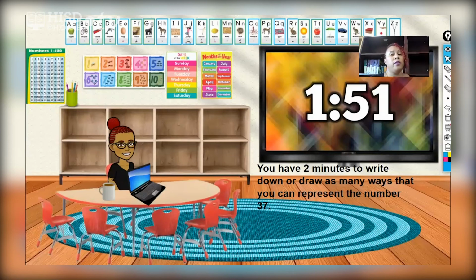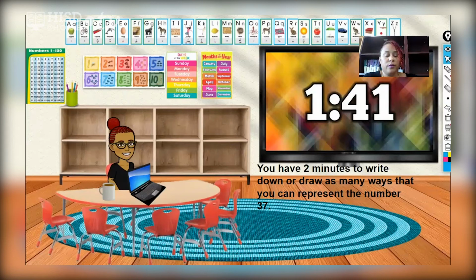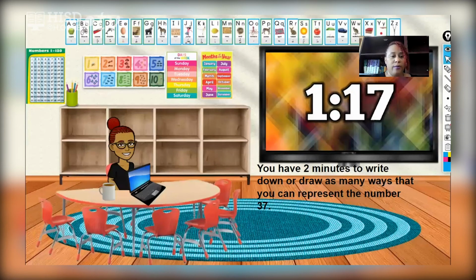Draw on your paper the number of tens and ones that it would take to make 37. Remember, try to come up with more than one way. You can do it, great mathematicians. How can you model the number 37 using tens and ones?